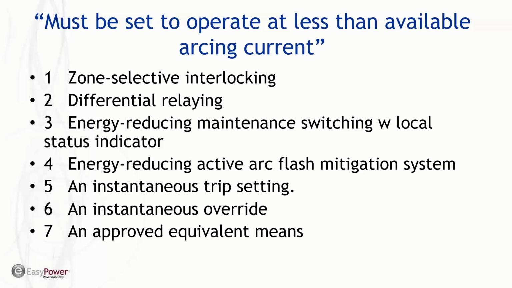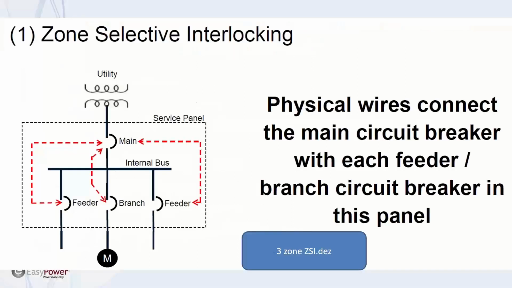So the list includes zone selective interlocking, differential relaying, energy reducing maintenance switch, again, very similar to the fuses. And these are already included in EasyPower.